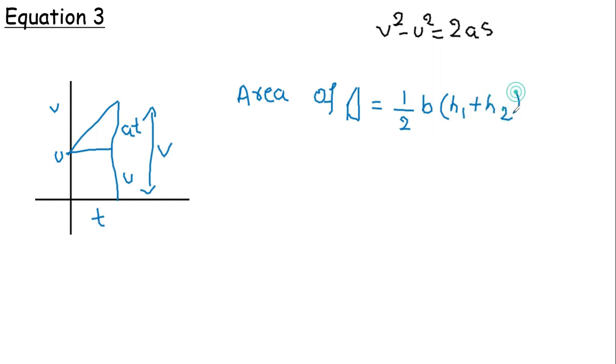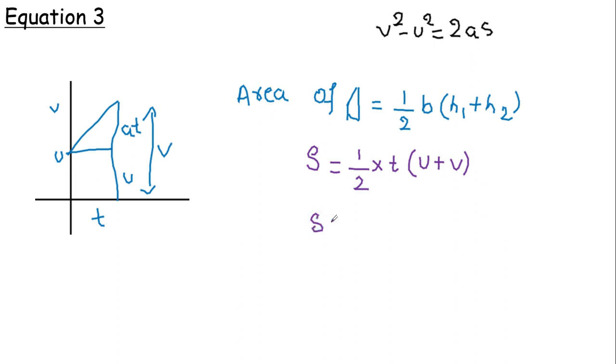These are the two parallel heights. Here s is equals to, I told that if you find area, that's the displacement. So s is equals to half into base t, into t, and h1 is u plus h2 is v.